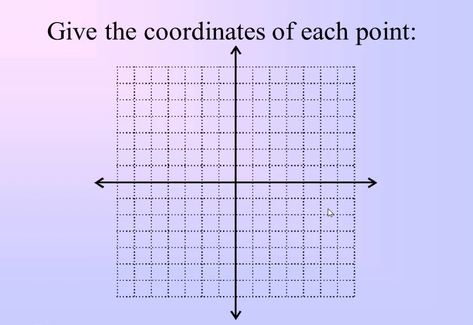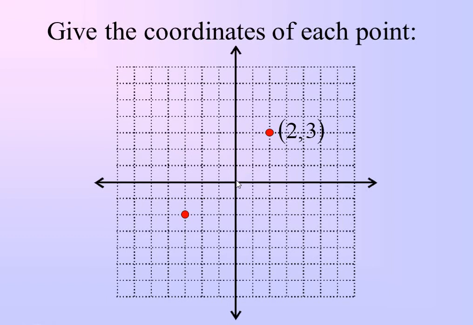Now if I ask you, for example, to locate the point 2 and 3, we start from the x coordinate, which is 2, so I will move from the origin. Remember always to start moving from the origin, which is 0, 0.